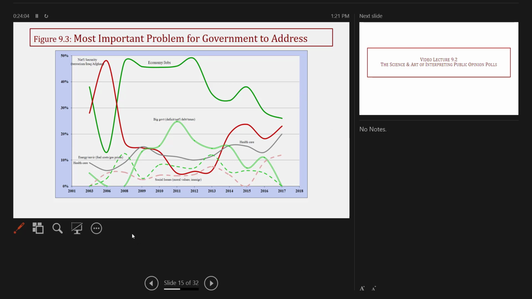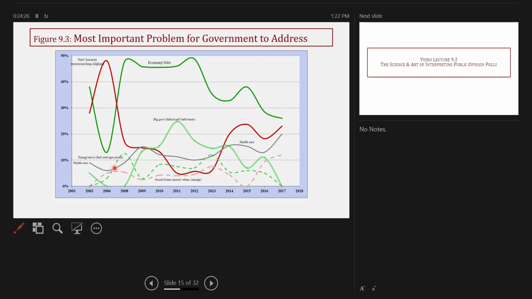And you don't see abortion on this chart because it never shows up in there. Some energy and environment shows up sometimes a little bit in this period. Healthcare also shows up here.